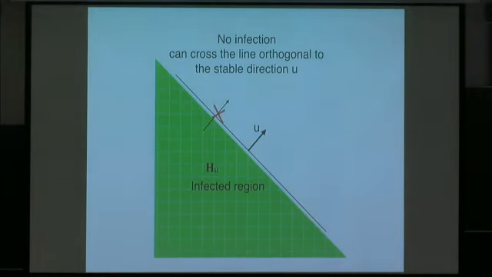If you take a direction u, you take the half plane to the left, orthogonal to u, and you suppose that this half plane is all infected. Then u is stable if this half plane of infected vertices is not able to propagate inside. So this is forbidden.